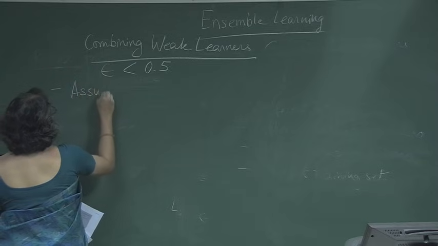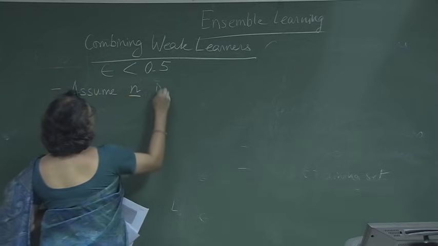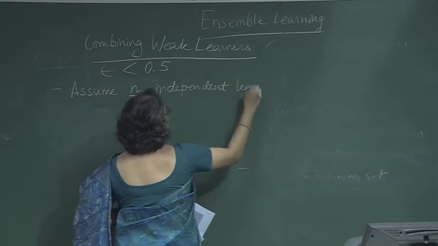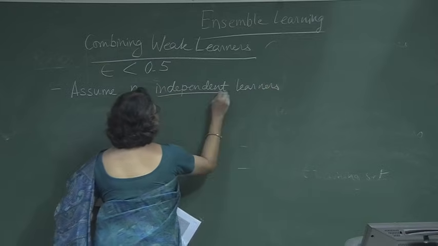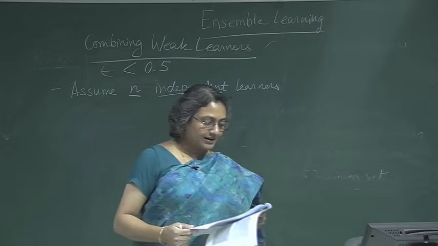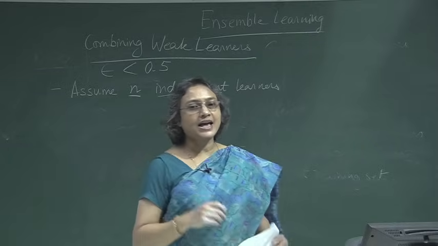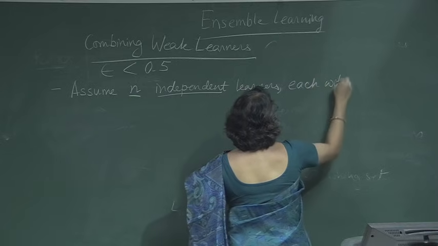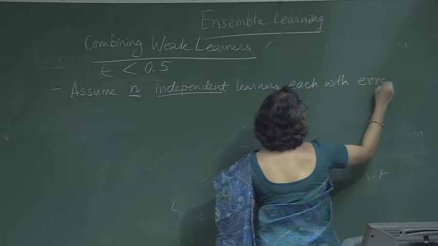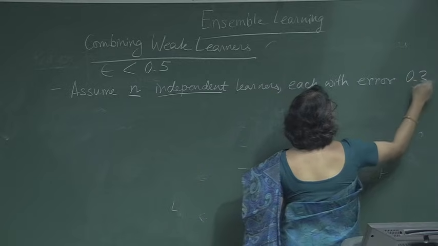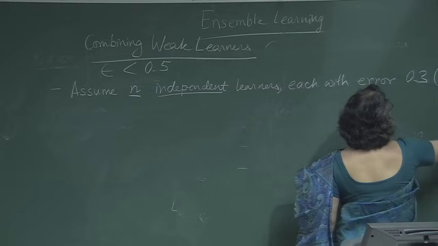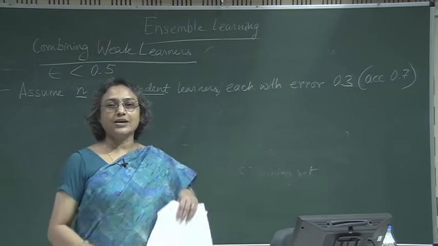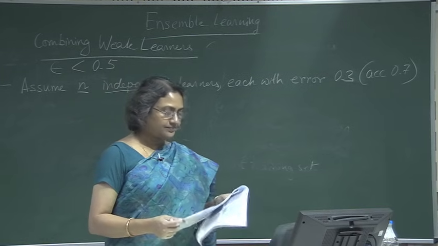So, let us say we assume n independent learners, and let us say each has accuracy of 70%, or each with error 0.3, that is accuracy 0.7. So, we have n independent learners each with 0.3 error or 0.7 accuracy.